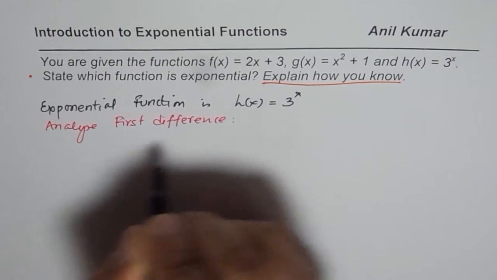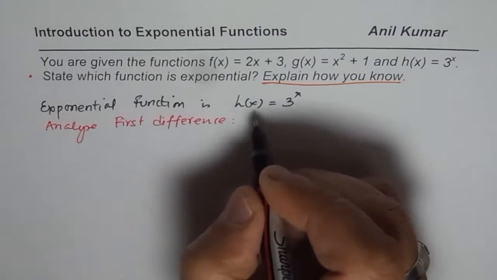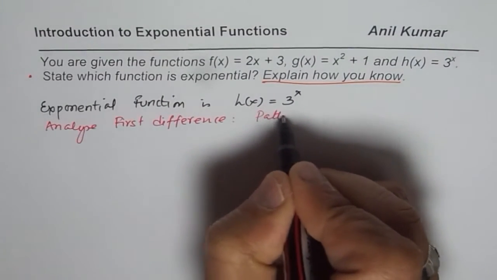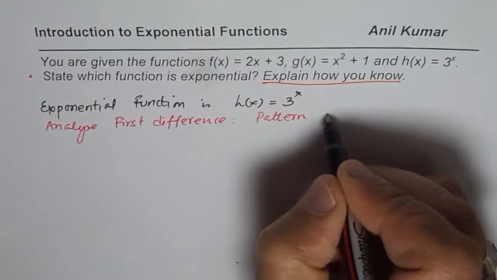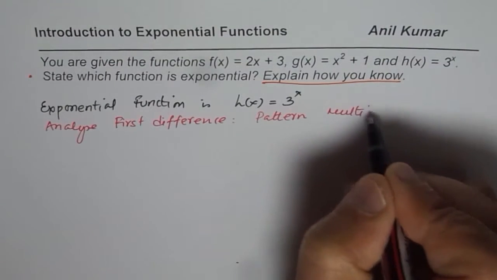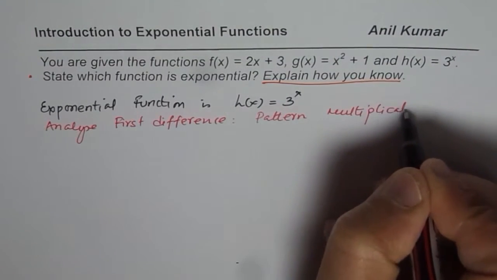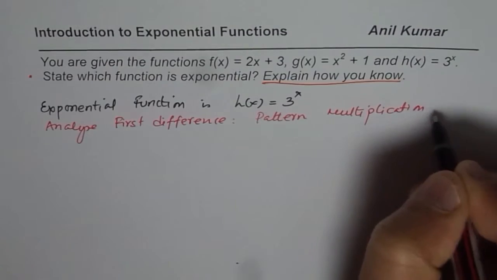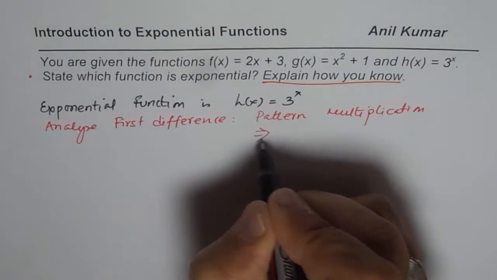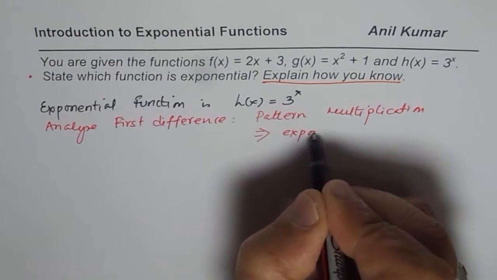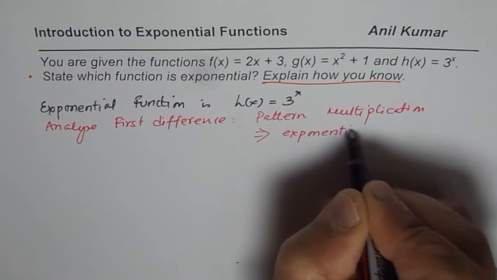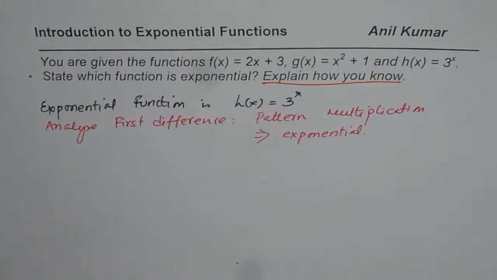If the first difference is a multiplication pattern, then it confirms that the function is exponential. So that is probably the best way. You could also sketch this function and match it with some characteristics, but that is kind of an acid test.